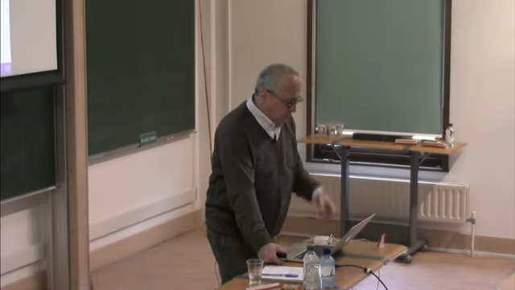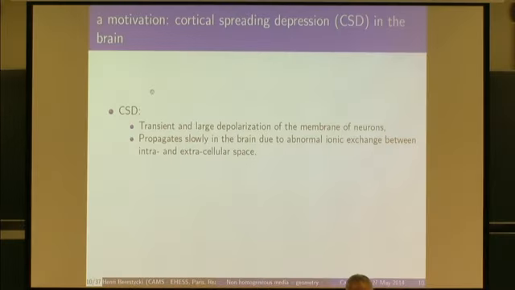Normally, neurons are in a polarized state, and this is a depolarized state, and this is related to pathology, which is related itself to ionic exchanges between the interior and the exterior of the cellular space. So those are CSDs, and they seem to be related. People have wondered for a long time whether they happen.